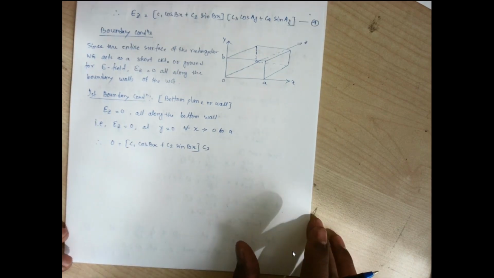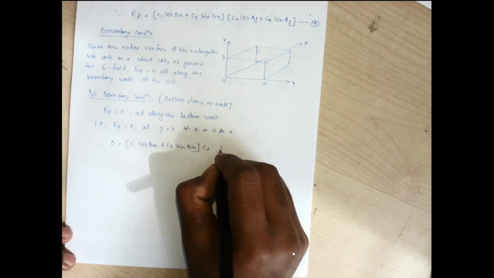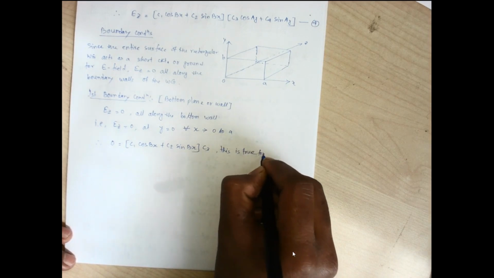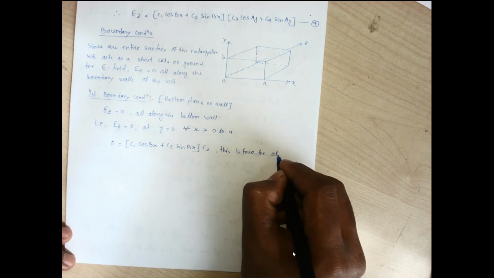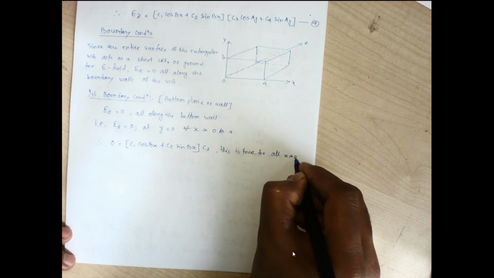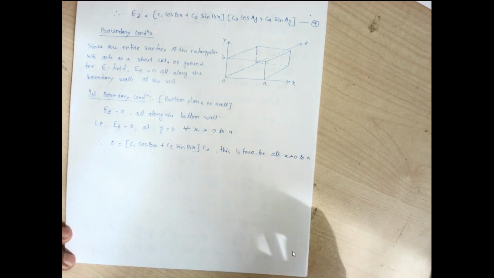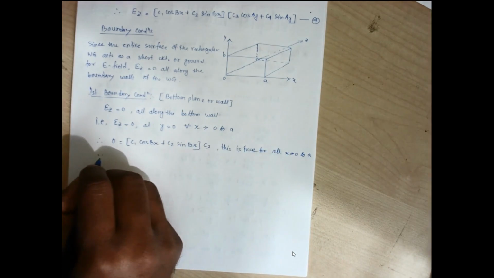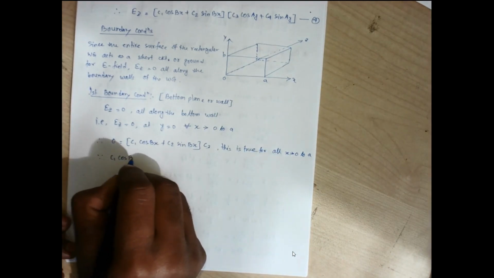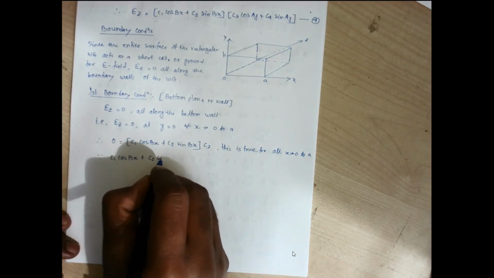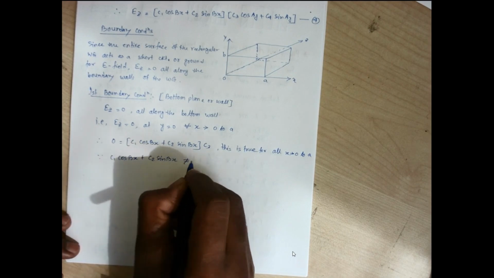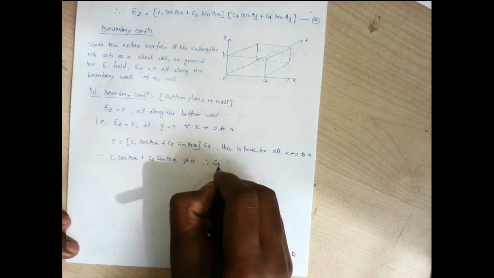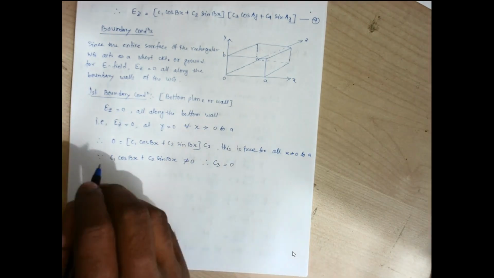And this is true for all x starting from 0 to a, right? Now since c1 cos bx plus c2 sin bx cannot be 0, we can consider, therefore, c3 is equal to 0.